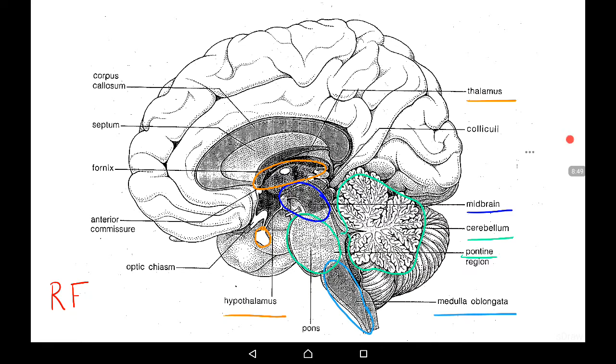Hypothalamus is monitoring the concentrations of glucose, of protons, regulates pH, osmotic pressure, and all substantial parameters of the internal environment.